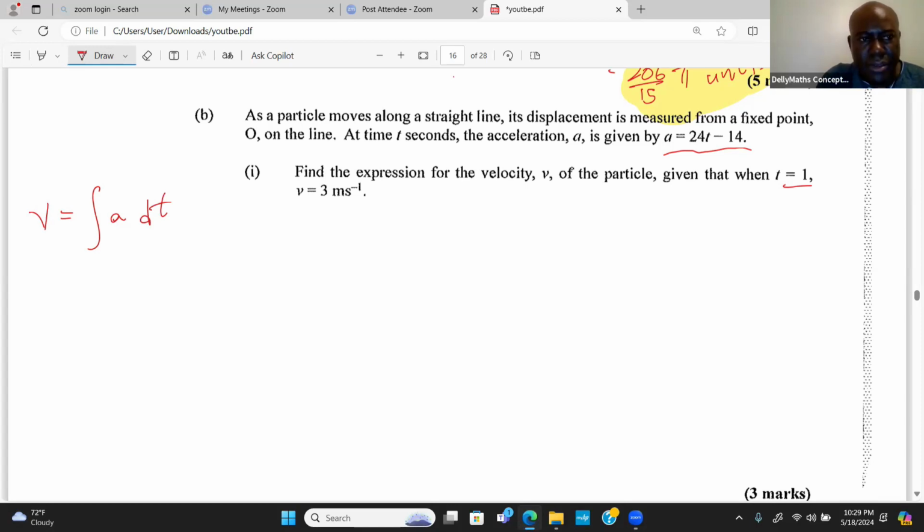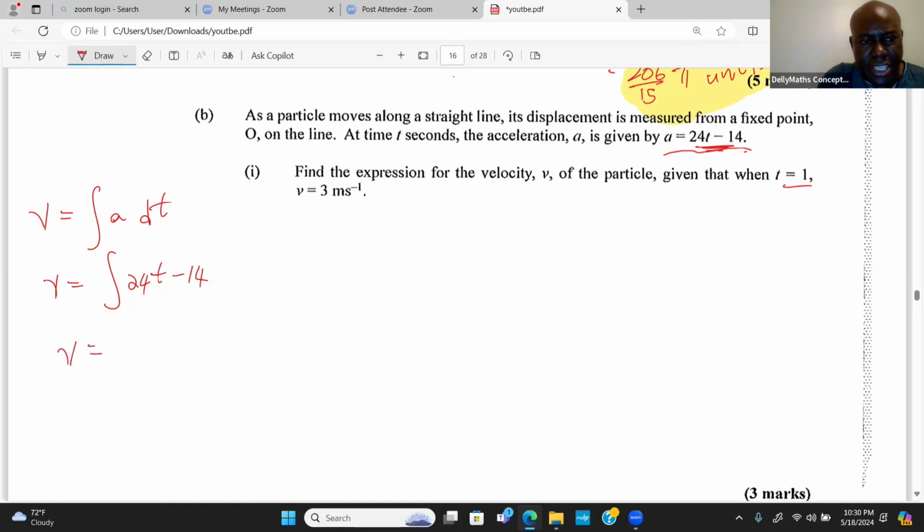So this is what we have. Now, let us take a look at what acceleration is. Acceleration is given as 24t minus 14. So basically, what we want to do here is integrate 24t minus 14. We're going to do a regular integral here. So let us get at it.